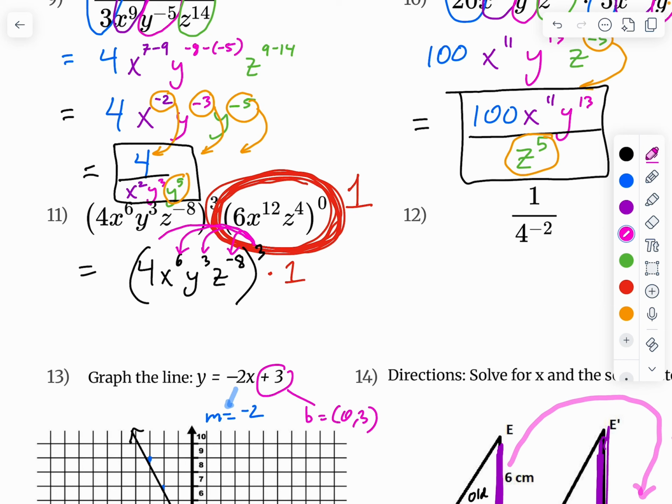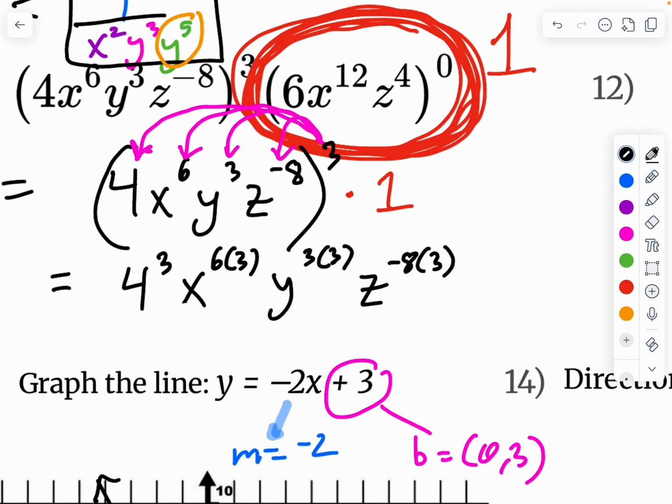It's not really called the distributive property here, but I'm going to make sure that that 3 applies to every single term. So I'm going to get 4 to the third power, x to the 6 times 3 power, y to the 3 times 3 power, and z to the negative 8 times 3 power.